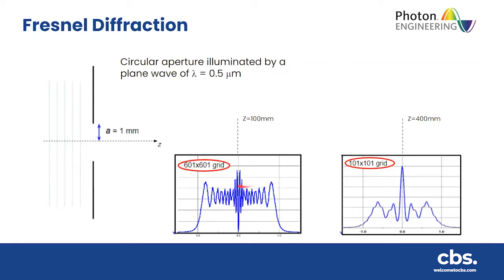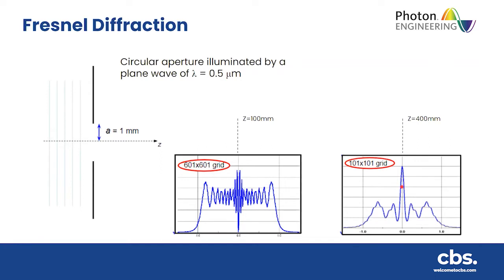The key thing here is to get this accurately, I needed to use a grid of 601 by 601 beamlets, which is quite high for a coherent ray trace, but certainly achievable without too much computational hassle. And then at Z equals 400, further as we approach the far field, the pattern starts to calm down, let's say, and I can get to see the expected diffraction pattern. And also note that I only needed a 101 by 101 grid if I wanted to save a little bit of calculation time, because the pattern is a little bit simpler.